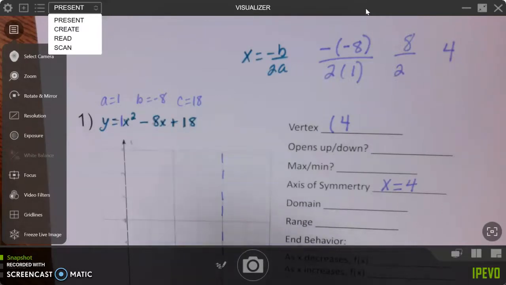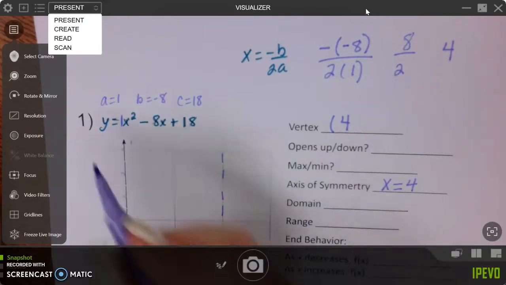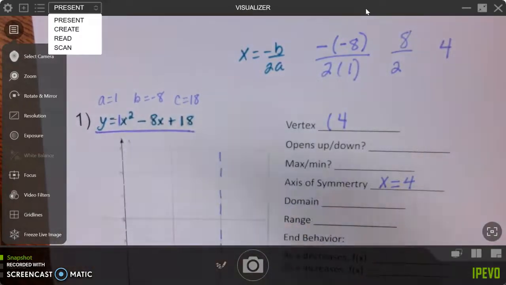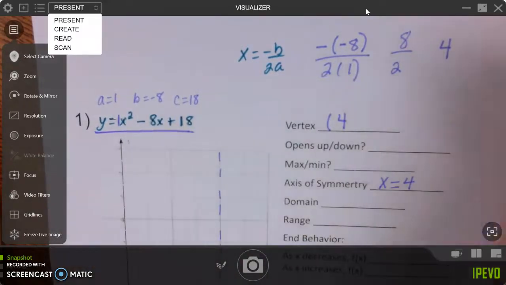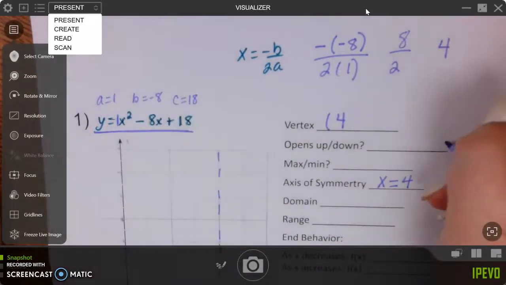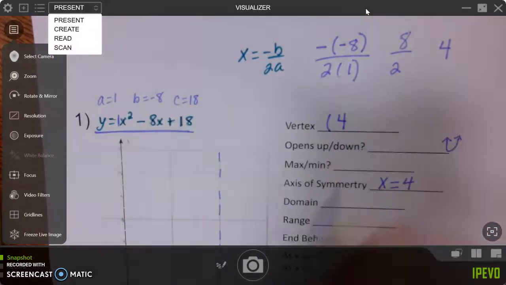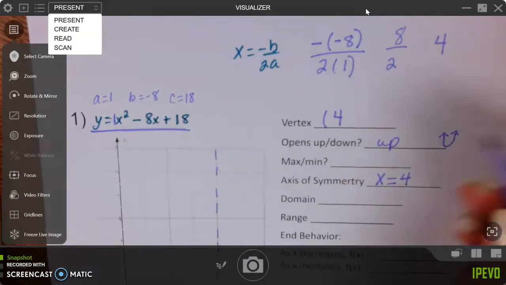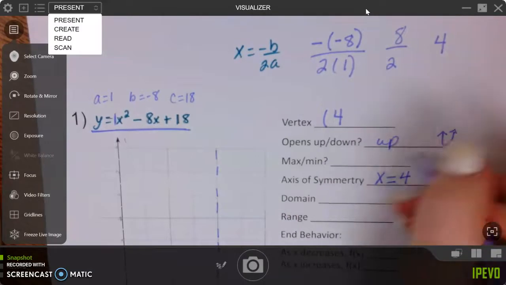So that means your graph is going to open up. And something you can do, just looking at this equation before you even graph, is say, okay, a is 1, I know it's going to open up. Make a little sketch. If it opens up, that tells us that it's going to have a minimum.